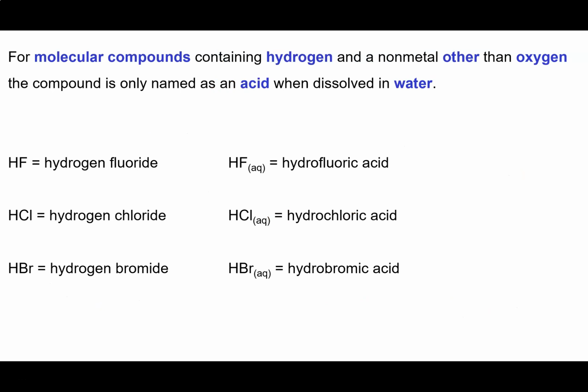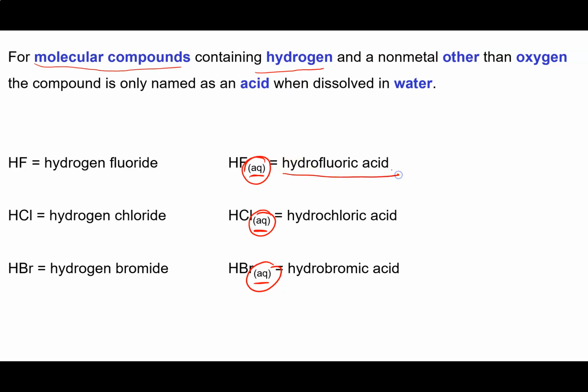Something to be aware of is if you have a molecular compound that contains hydrogen and it's not dissolved in water, you only name it as the acid when it's dissolved in water. So we're looking for this AQ at the end here. If it's not actually dissolved in water, we won't name it as the acid.